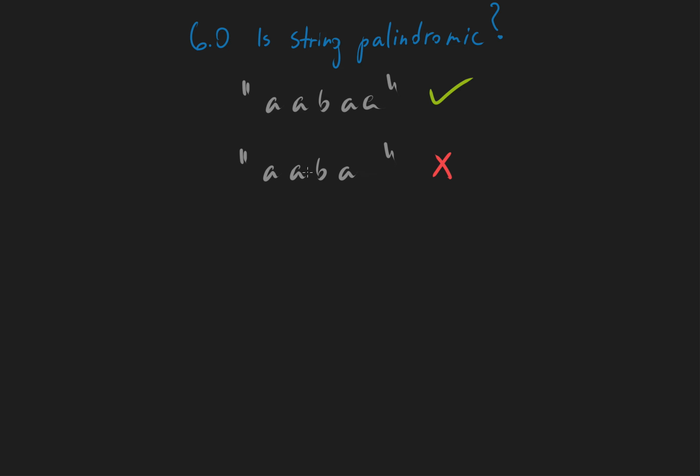With this solution, we need to allocate new additional memory. So the space would be O of n, and we can actually improve this by using the two-pointer technique. So what we will do is we would have two pointers, and the left pointer would go to the right, and the right pointer would go backwards.